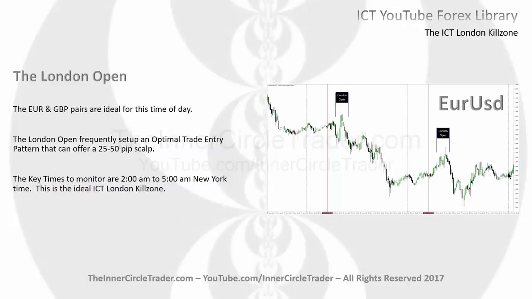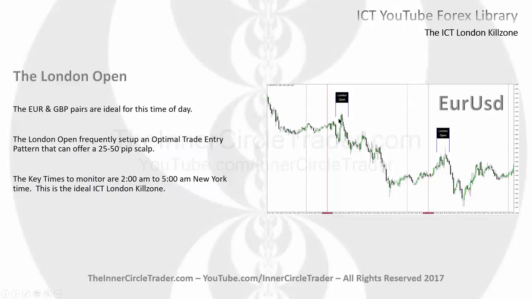The key takeaway that I want you to be encouraged to go through your charts and study is that London Open generally has the highest probability of creating the high or the low of the day.